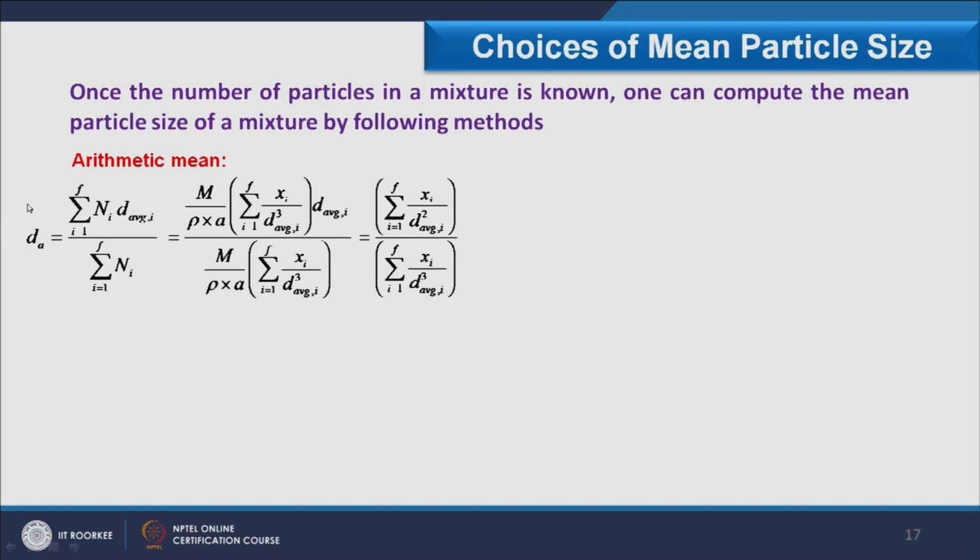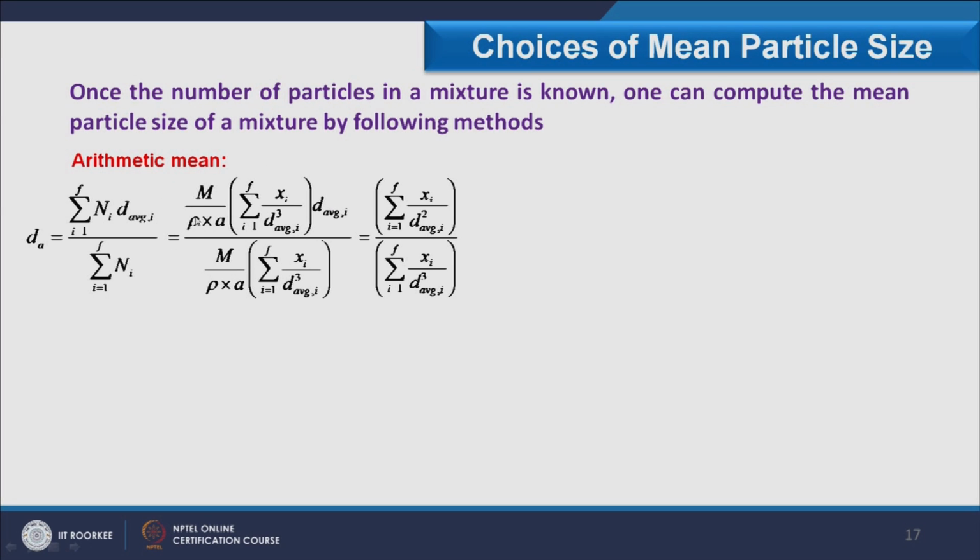We can compute the arithmetic mean of a mixture by this expression, that is summation Ni d average I divided by summation Ni. It means number of particles into average diameter of all fractions divided by number of particles in all fractions. If we write the expression of Ni, we can have the complete expression in this form.